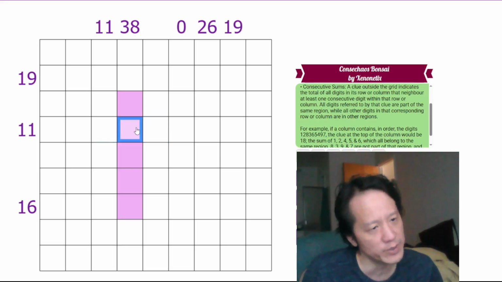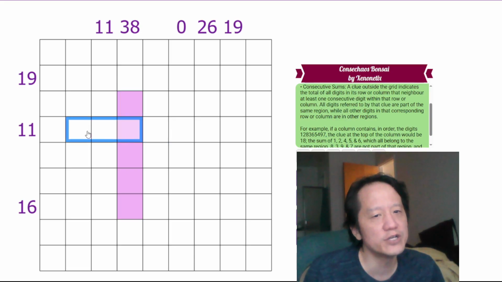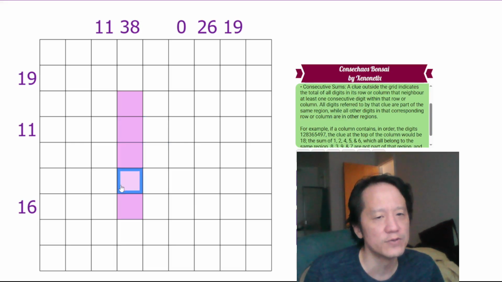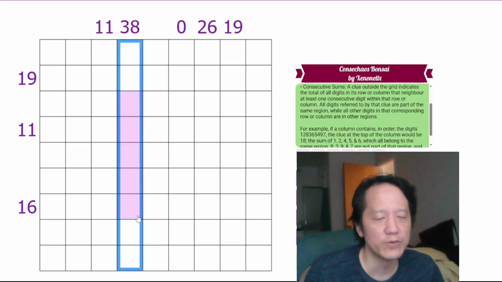Well, no, that could be possible. So this one could actually extend from this pink region. You could have like 5 and 6, and then you have another one which is 1 or something somewhere else, right? On this region. And so then that would add up to the total that we want for the pink region, right? Which would be 45.